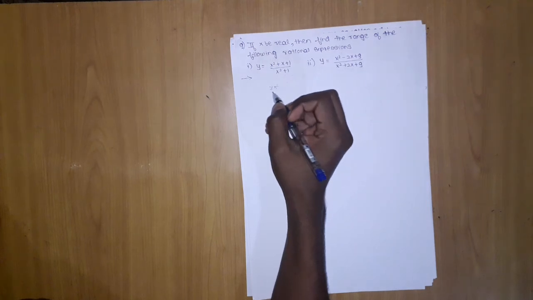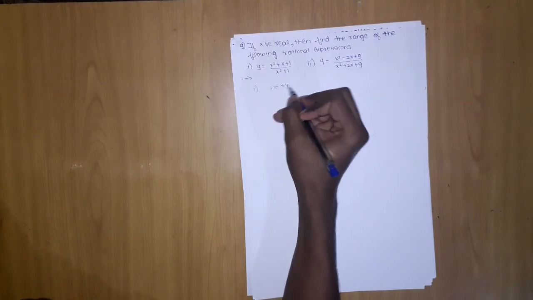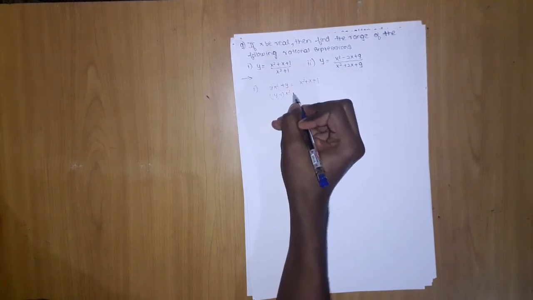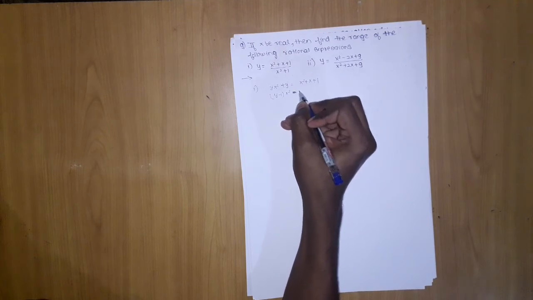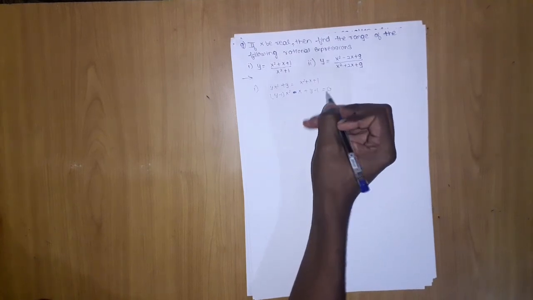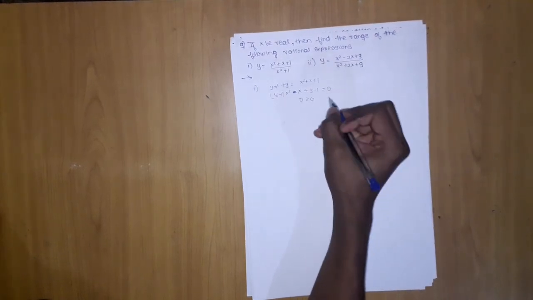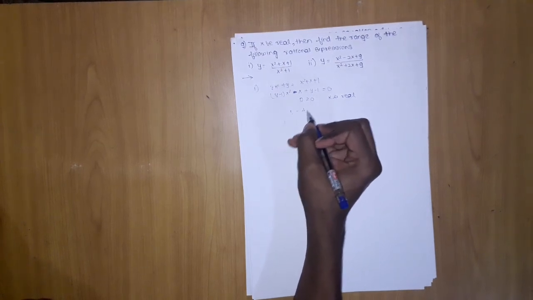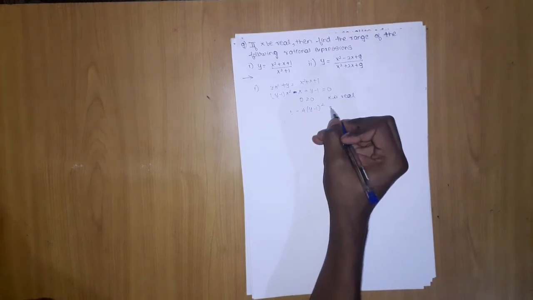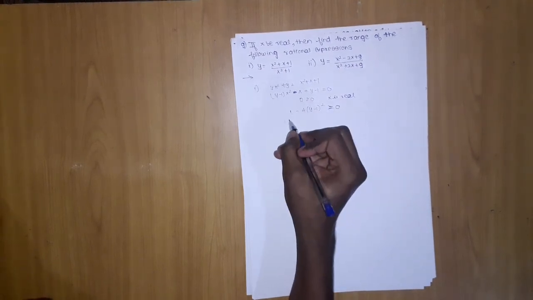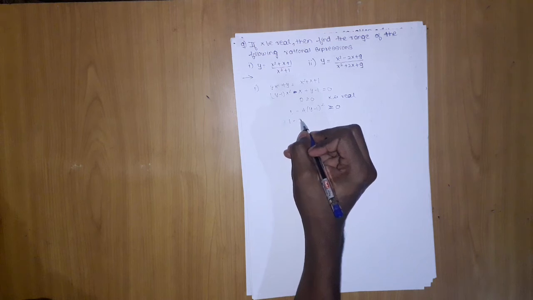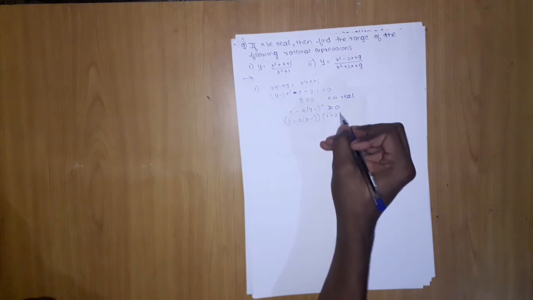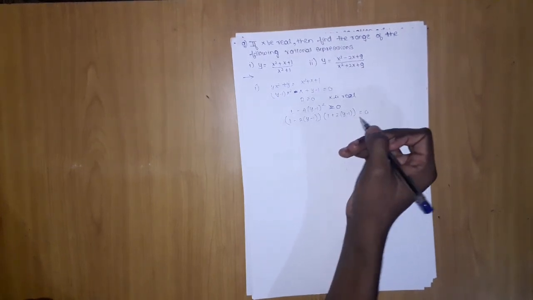So it will become y into x square plus x plus 1, and if I rearrange it, it will become x square plus x into y minus 1 should be equal to 0, then D greater than or equal to 0 because x is real. After doing this, what we are getting is 1 minus 4 into y minus 1 the whole square should be greater than or equal to 0. Now 1 minus 2 into y minus 1 is one factor, and 1 plus 2 into y minus 1 will be the second factor, using a square minus b square.